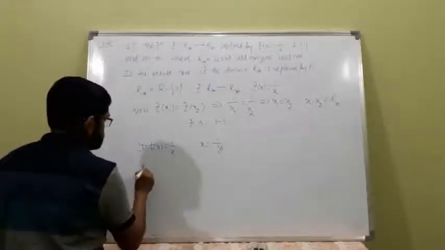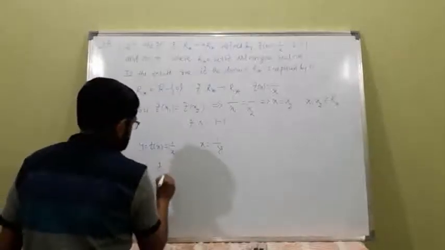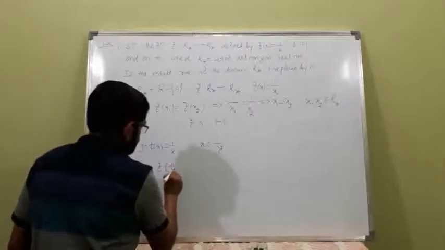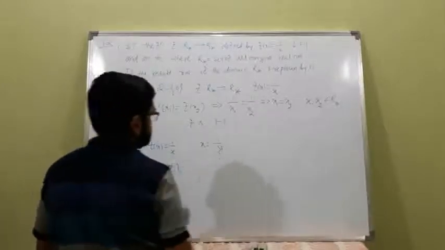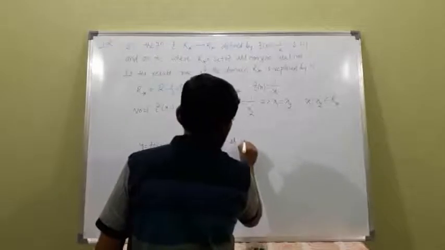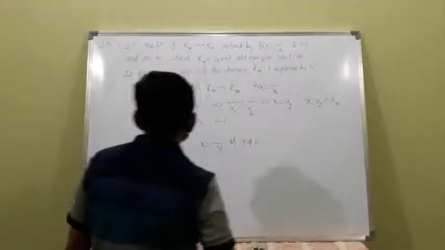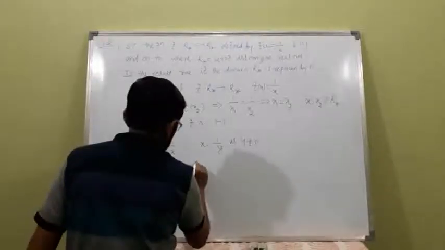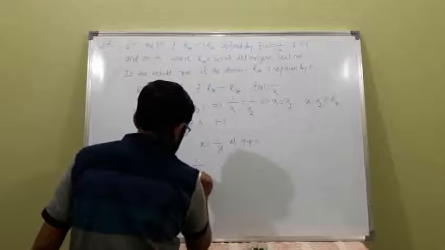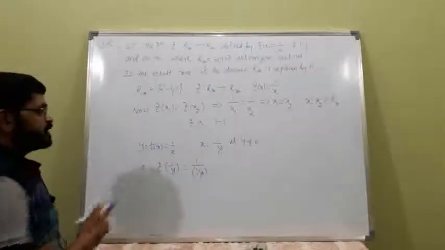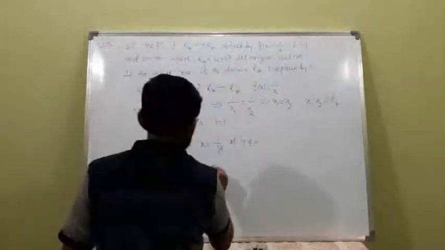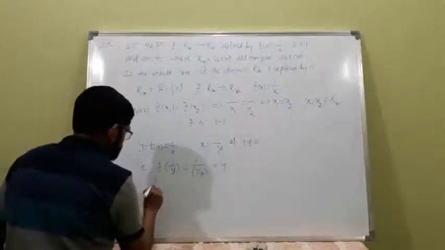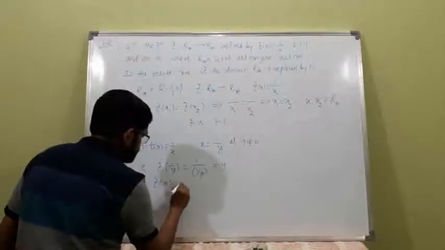That is, f of 1 by y, as y is not equal to 0, is 1 over 1 by y. Just replace x by 1 by y, it is equal to y. Therefore, f(x) is equal to y.